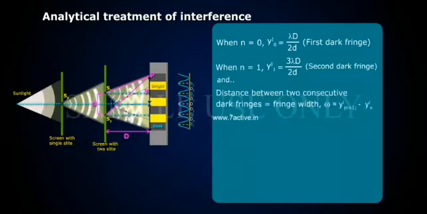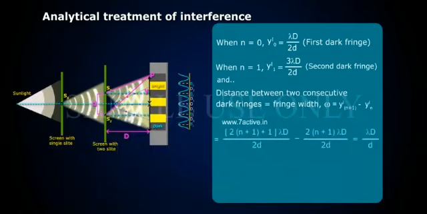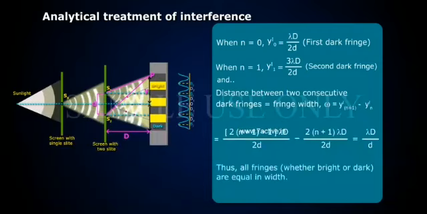Distance between two consecutive dark fringes equals the fringe width, β = y'(n+1) − y'n = [2(n+1) + 1]λD/2d − (2n + 1)λD/2d = λD/d. Thus, all fringes, whether bright or dark, are equal in width.